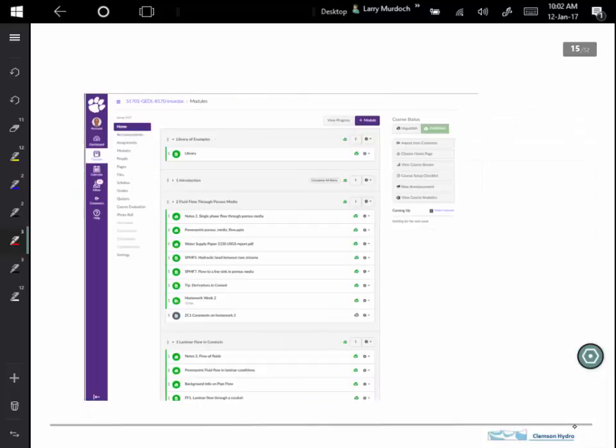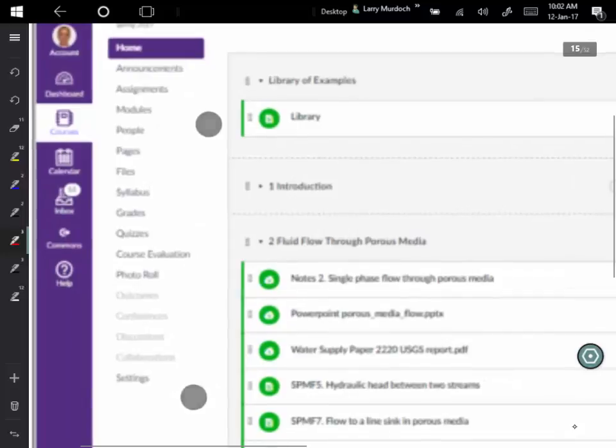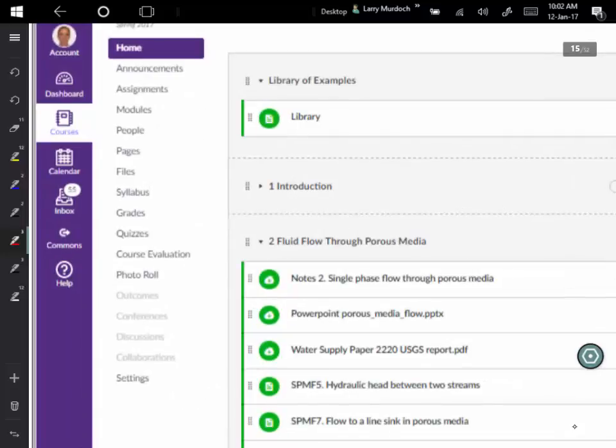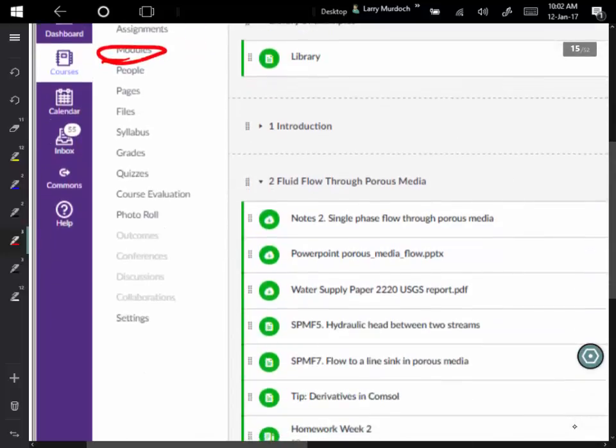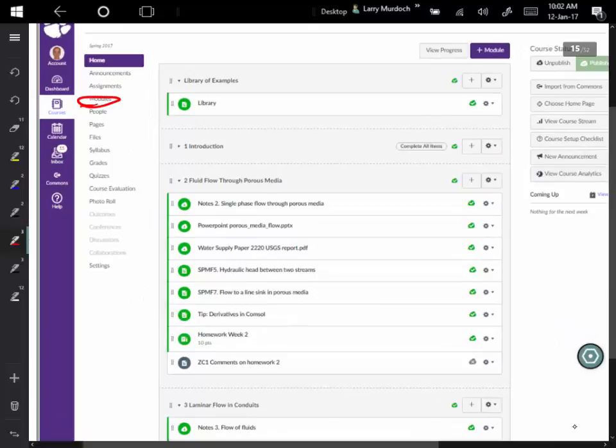Okay, so we're going to use Canvas as the content organizer for this class. And the way that this is going to be organized is that we've got these modules here. So if you go to Canvas and you select modules, each week of the class has a module.